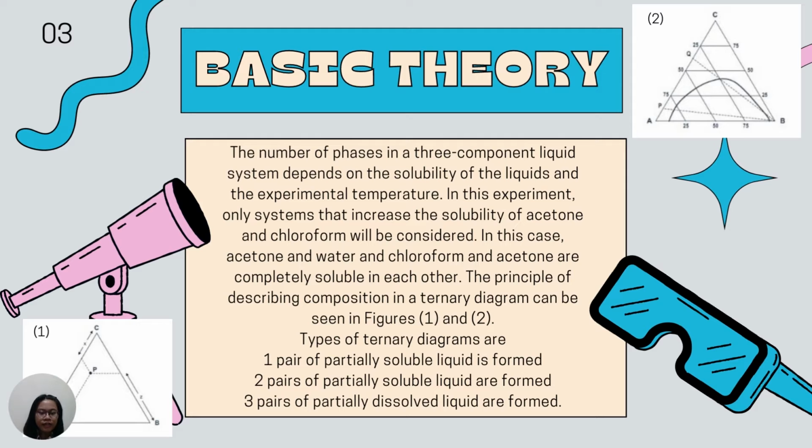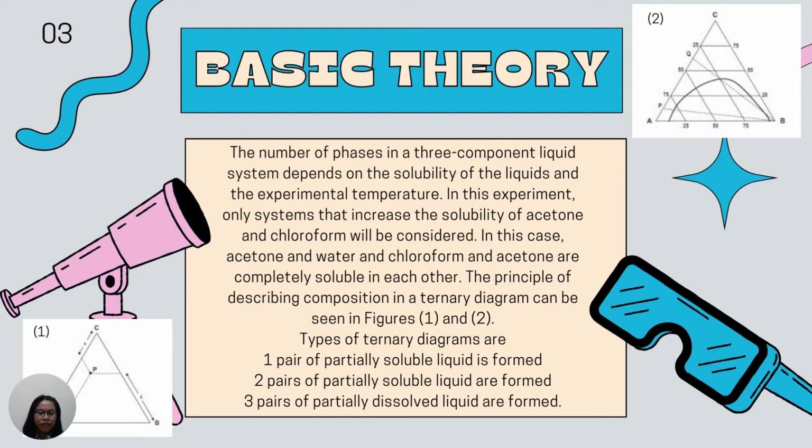A triangle diagram is an equilateral triangle in which each corner is occupied by a substance component. The sides are divided into sections that represent the 100% portion of the substance that is at each corner.